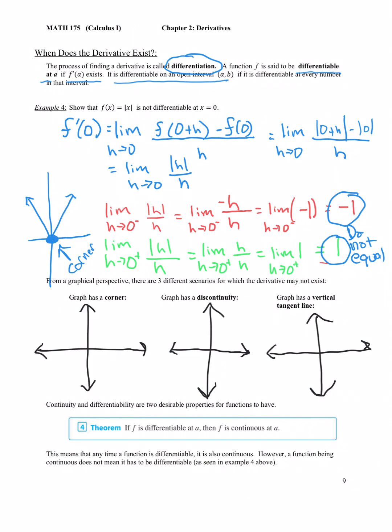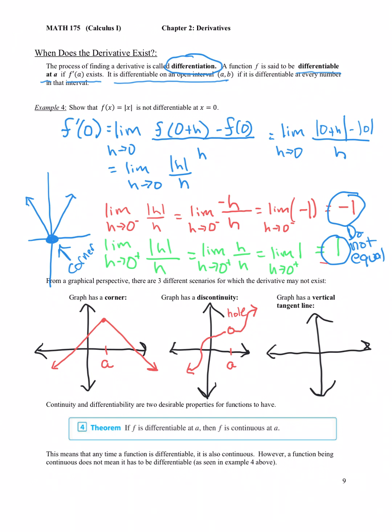So let's take a look at graphs when the derivative may not exist. If your graph at A has a corner, our derivative will not exist there. If our graph has a hole, that means it's not continuous at A, then it wouldn't be differentiable at A either.